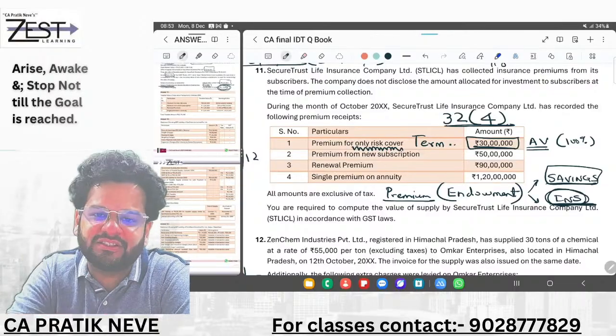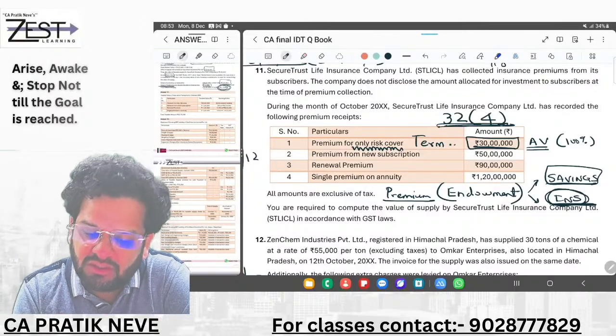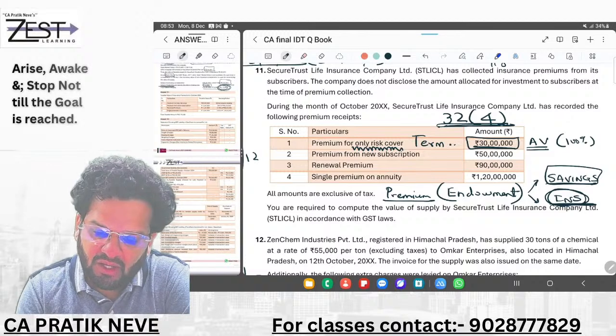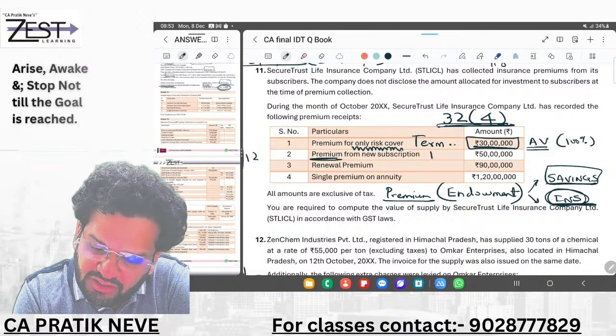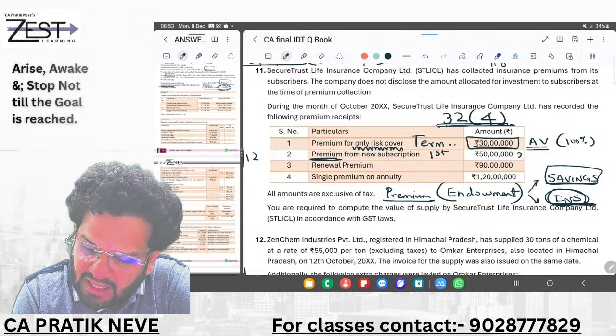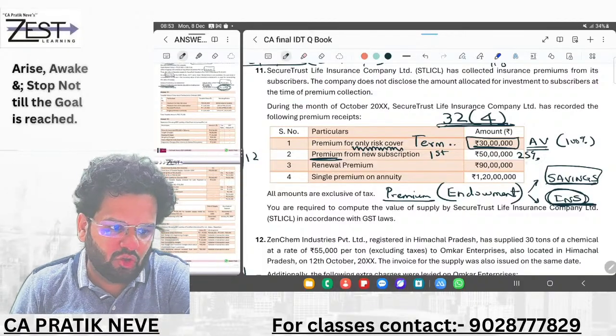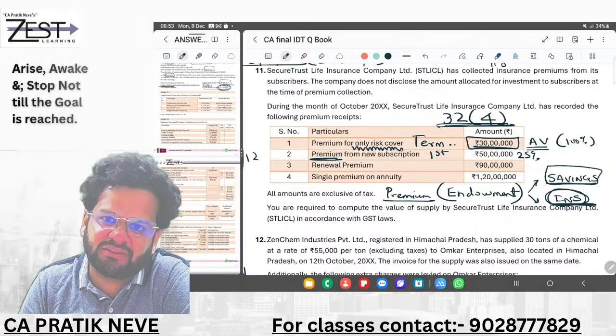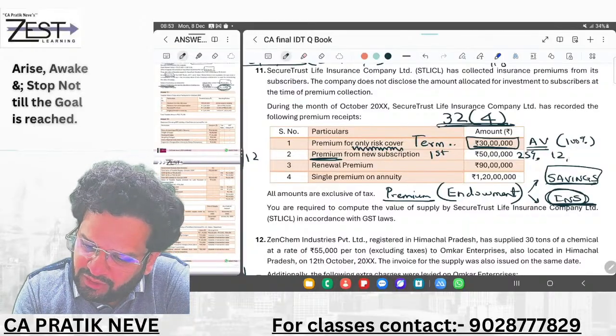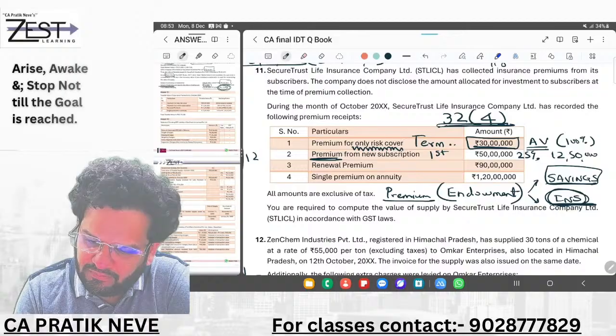So that work is done by rule 32 sub rule 4. When it is a first year premium, assessable value is 25% of the premium. So 50 lakh into 25% will be 12 lakh 50,000.